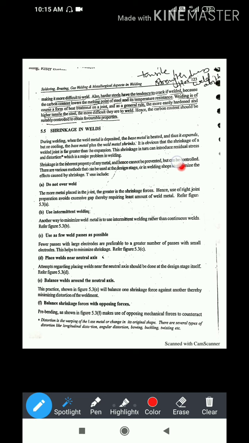The shrinkage in turn produces residual stresses and distortion. I am going to discuss residual stresses and distortion in this module in a deeper way.